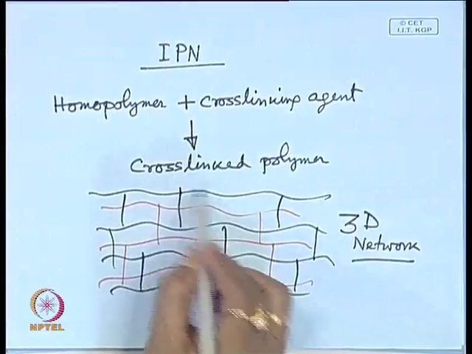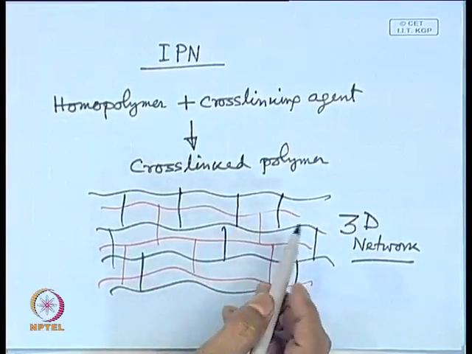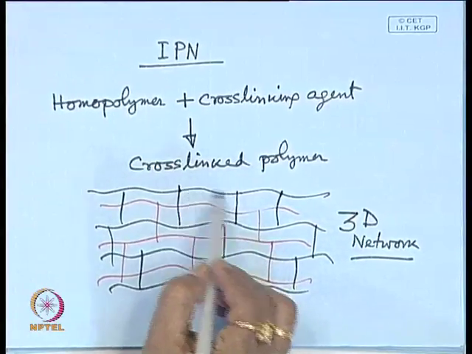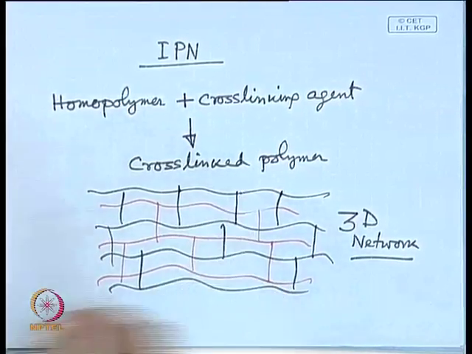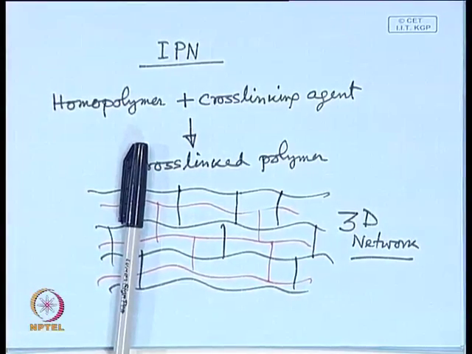That means, the length of the segment between two cross links, this is the length. Now, if one more bond is introduced, the length of this segment decreases, which means cross link density is increased. So, this way we can regulate the swelling properties or network characteristics of that polymer depending on the cross link density, all right.